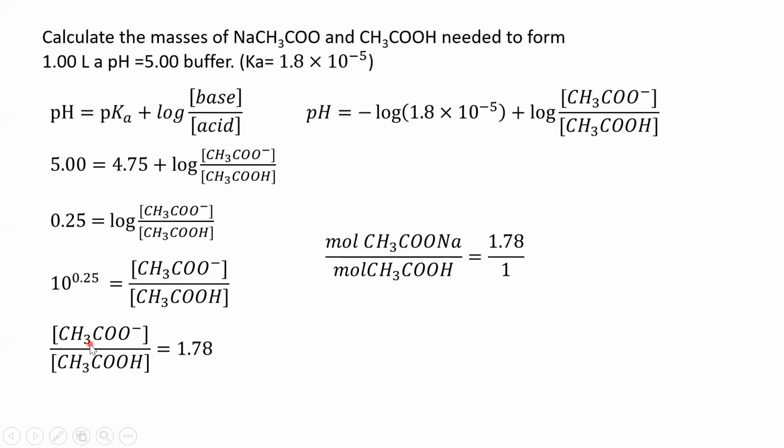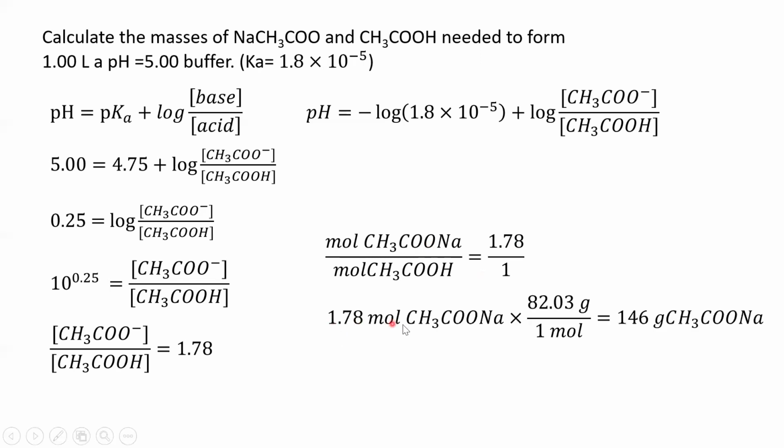The acetate ions, where do they come from? Well, we can't just get a bottle of acetate ions from a stockroom, but it can come from sodium acetate or any kind of salt that has acetate in it. Sodium is usually the kind of go-to cation that we use. So if we know the moles of the base, we can figure out the grams.